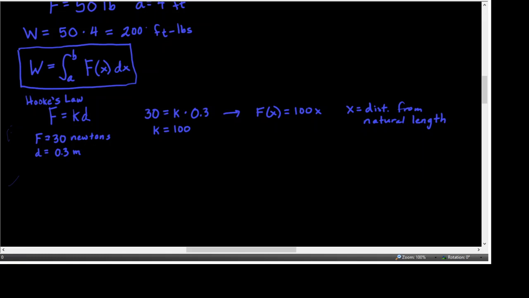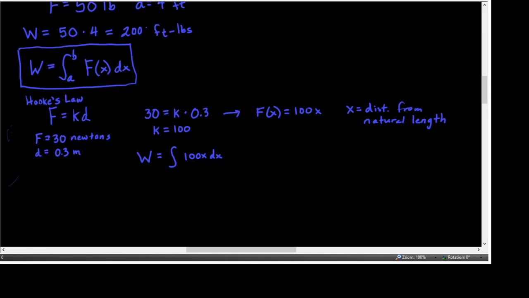Then the question is, find the work done in compressing the spring an additional 0.3 meters. So the work done is going to be a definite integral of our force function, 100x dx. Now the hardest part of this problem is not finding k or setting up f of x, but determining the values for the definite integral's lower bound and upper bound.